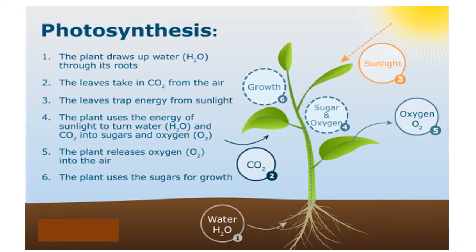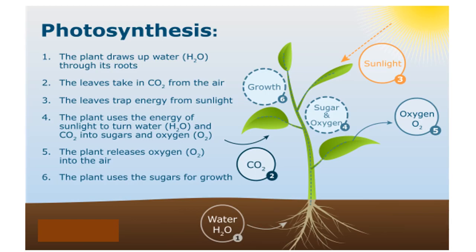After learning about the definition and equation of photosynthesis, let us now quickly look at the diagrammatic representation of the same. Starting with point number 1. The plant draws up water, which is represented as H2O, through its roots.